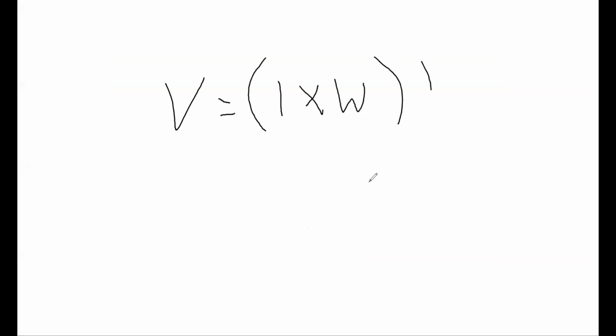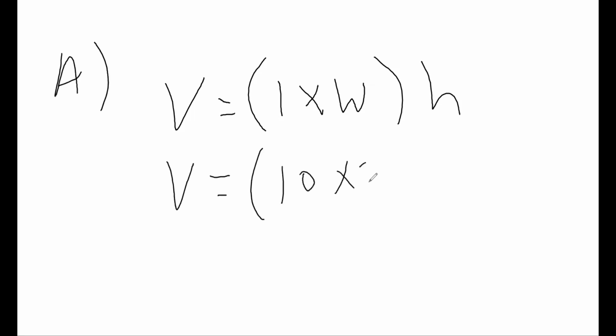So, for prism A, you should have our equation, V equals length times width multiplied by height. Plugging in for prism A, you should have V equals 10 times 2, multiply that by 8. Go ahead and solve that now.